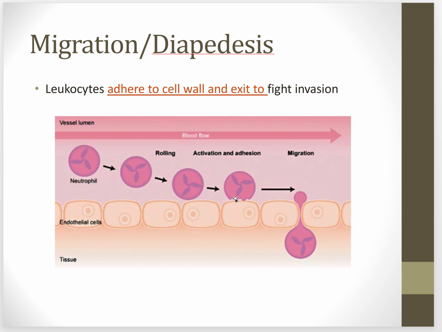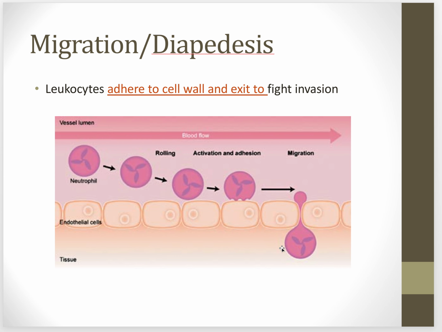Adhesion means that you stick to the wall, like, all right, I'm finally going to make it out of here. And they kind of pancake themselves down to get out of the shear. And then when they find a nice big space to leave, they will squish themselves through the capillary wall without disturbing themselves, so they don't become damaged.